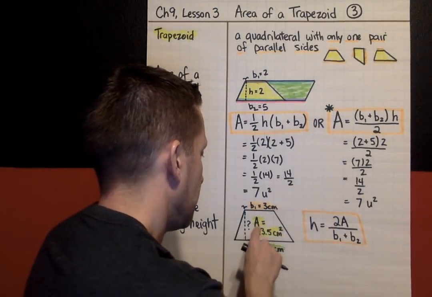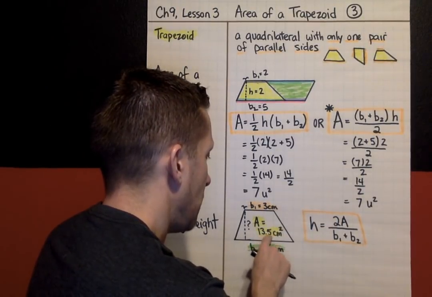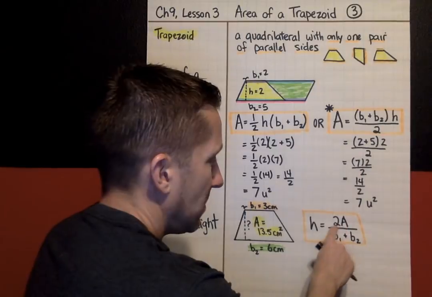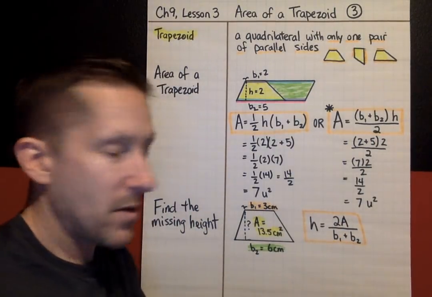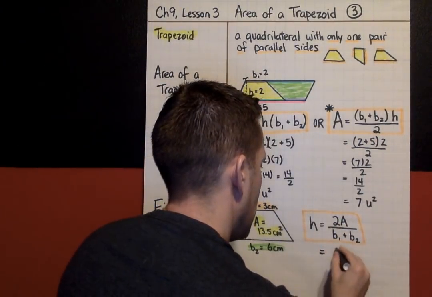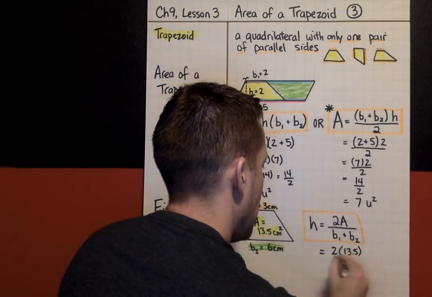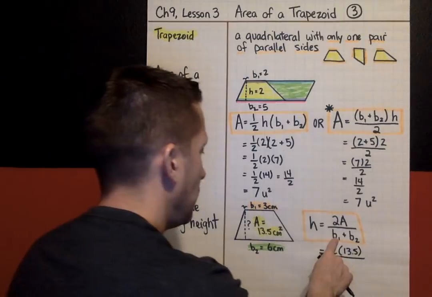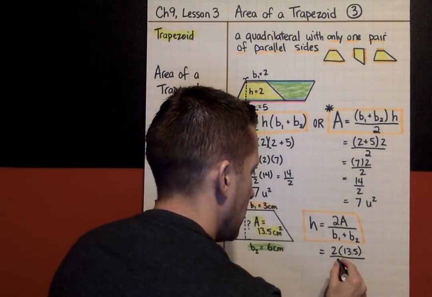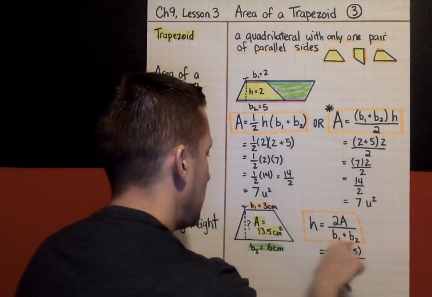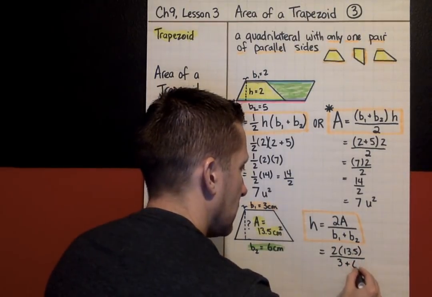Let's plug in the numbers. The area is 13.5, so this is going to be 2 times 13.5 over base 1 is 3 plus base 2 is 6.